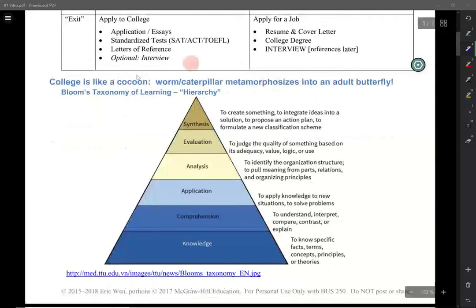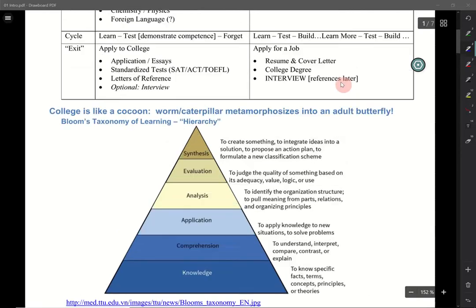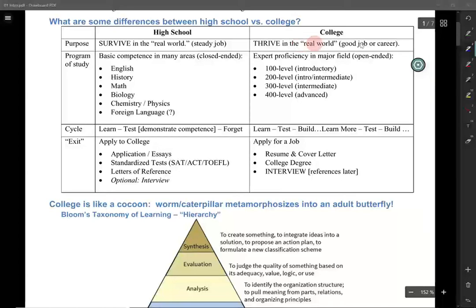Okay. Another way of thinking of college is that it's a bridge stage between finishing high school and truly entering the workforce at a career level kind of job. Some of you may have entry level jobs, or maybe some internships that are also bridging to good career types of jobs.